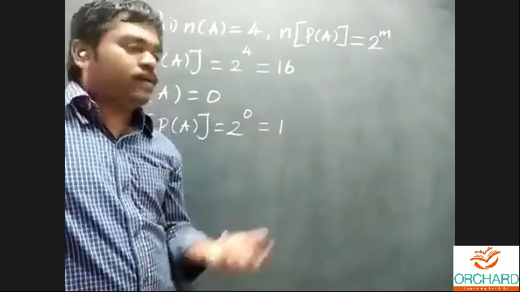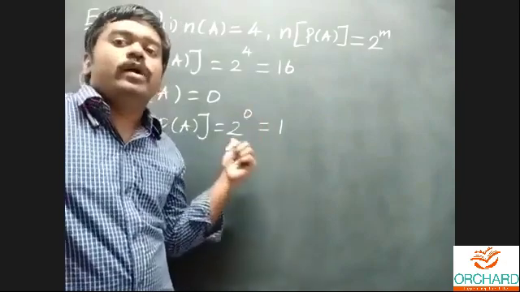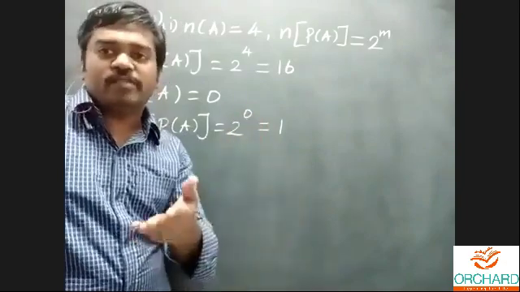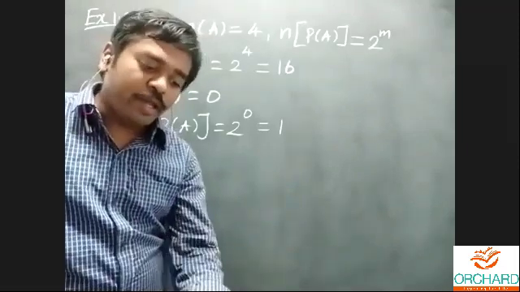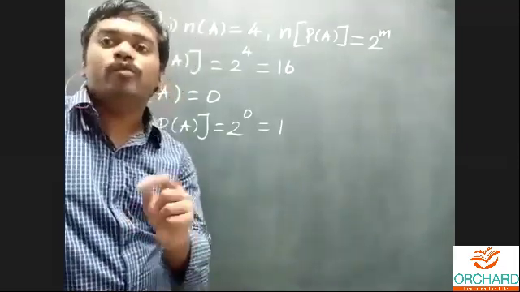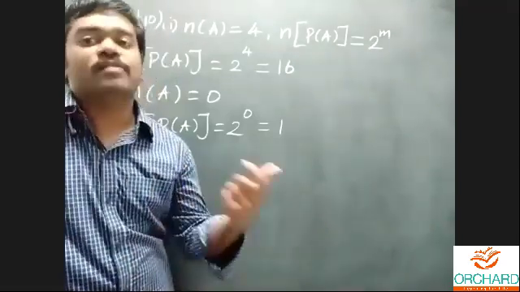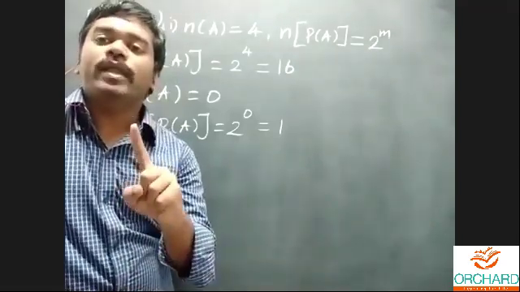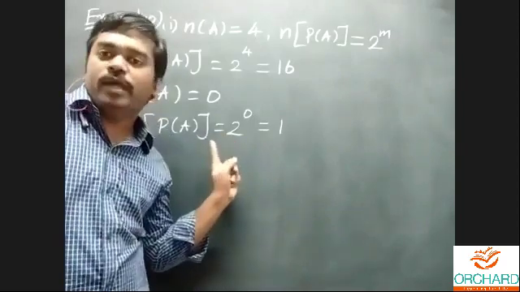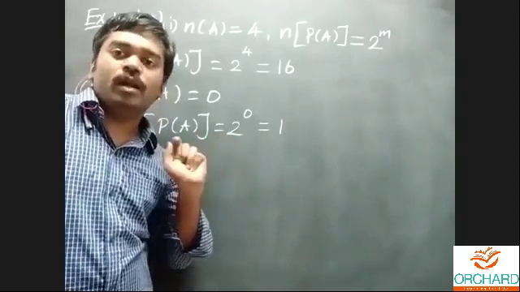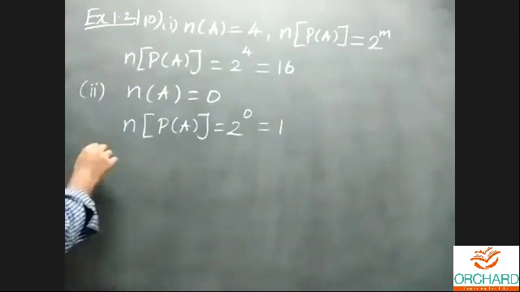The empty set is a subset. Therefore P of A consists of the empty set. Yesterday also we discussed one problem like this, the 4th subdivision. The empty set is a subset. That's why we have only one element in the power set of A. The power set means the set of all possible subsets. Third subdivision.